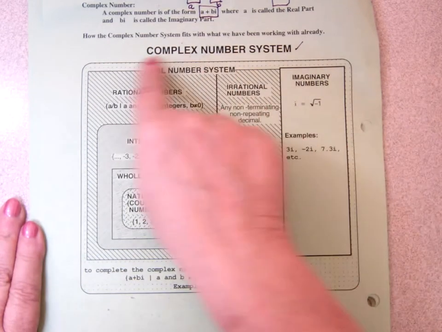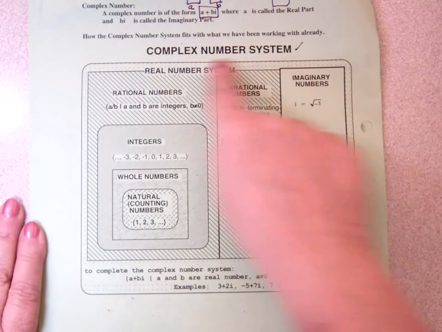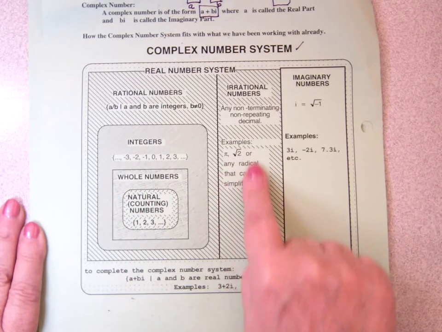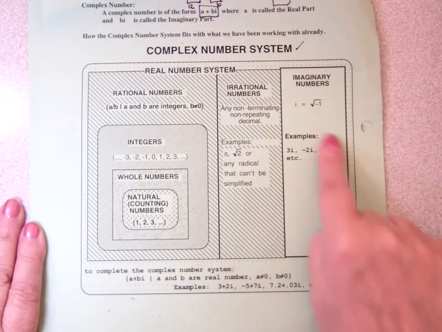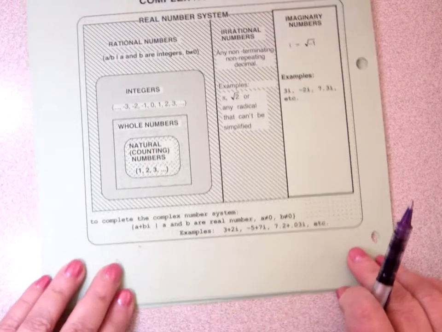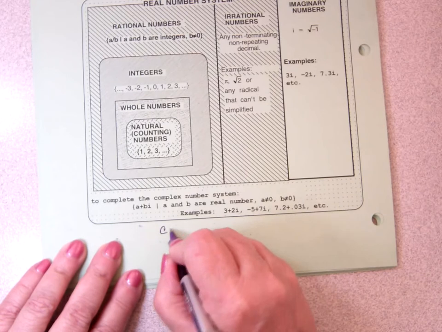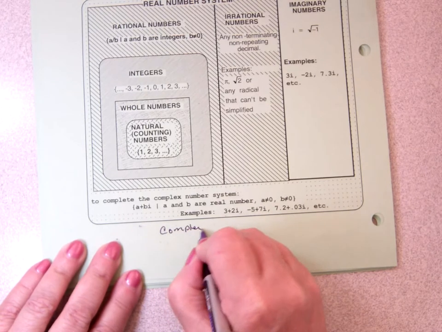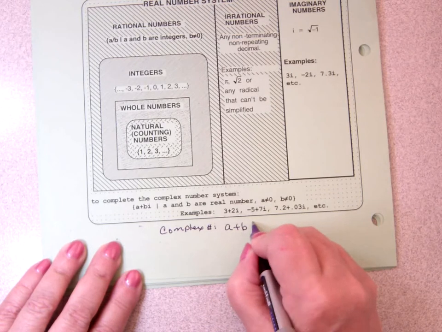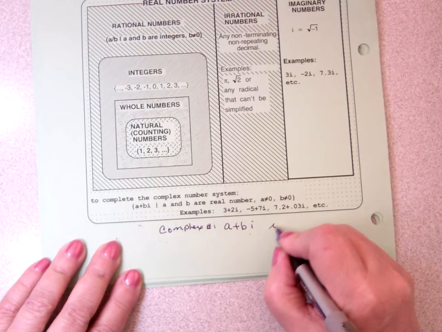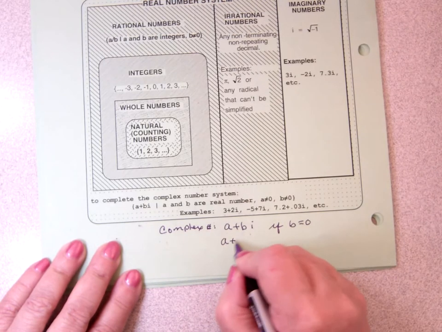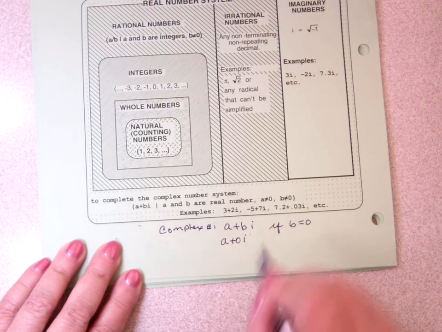So the complex number system now becomes this whole thing. It includes the real numbers. It includes the irrational numbers. It includes the imaginary numbers. And you say, well, how do I know it includes the real numbers? Well, if a complex number is a plus b times i, if b equals 0, I'd have a plus 0 times i, which is just a.